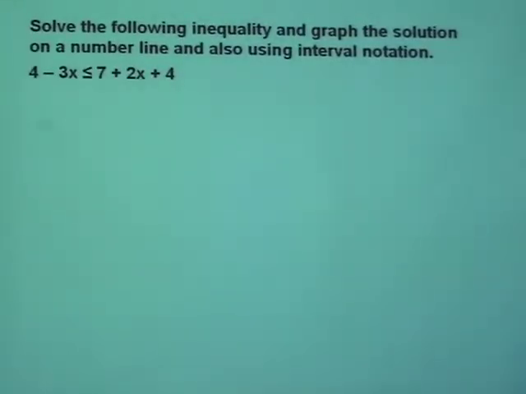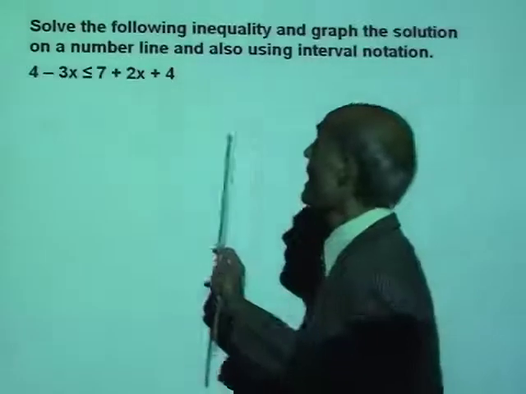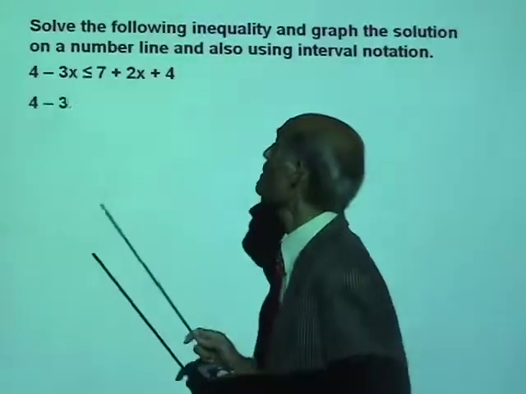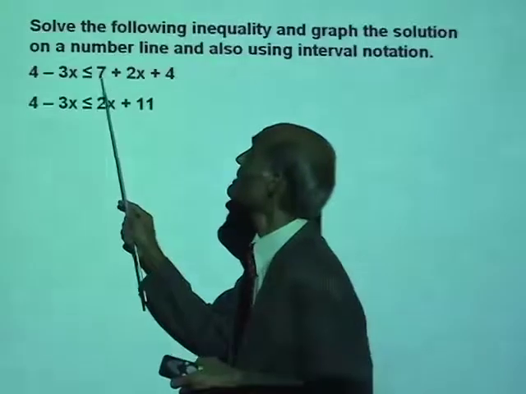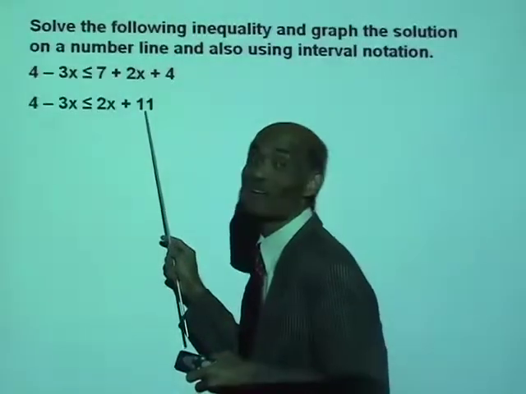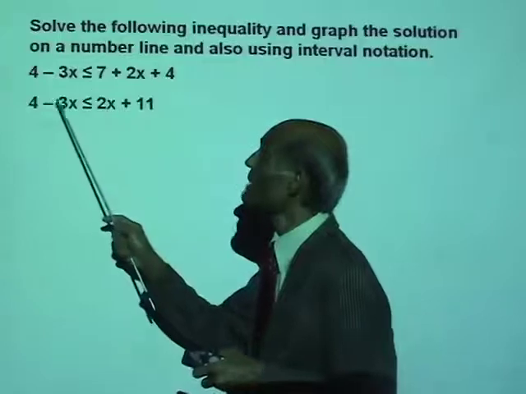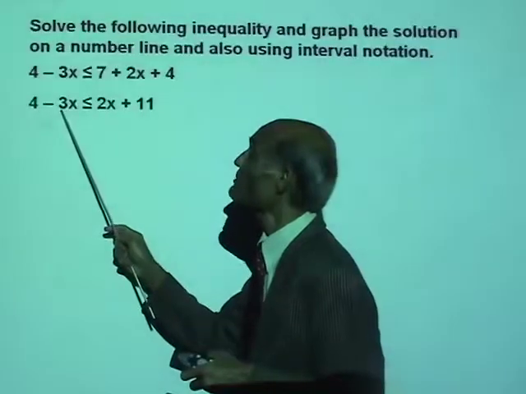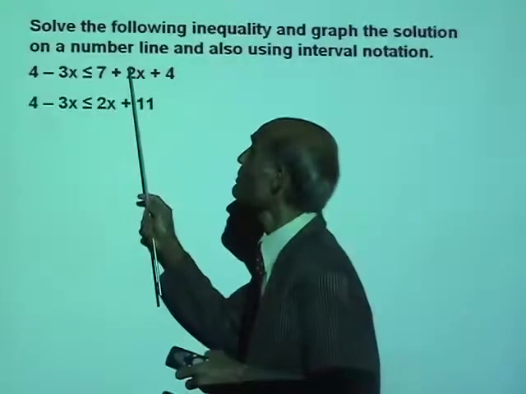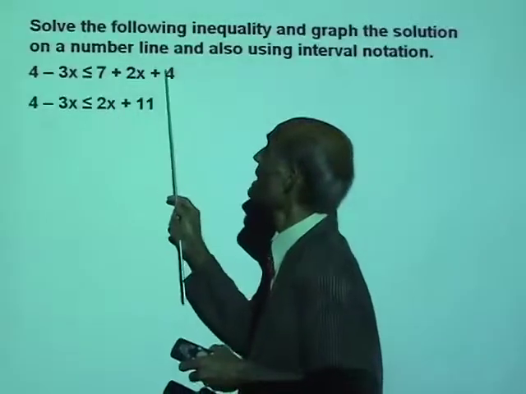Okay, what is the first step you will do here? What I will do is combine the terms on the right. 7 plus 4 is 11. So the inequality now becomes 4 minus 3x less than or equal to 2x plus 11.